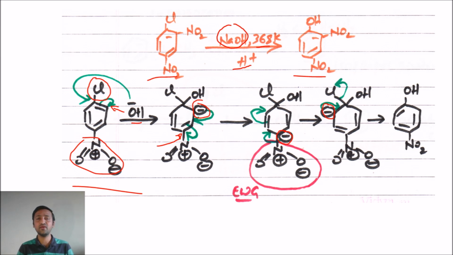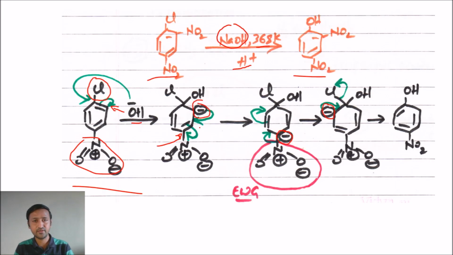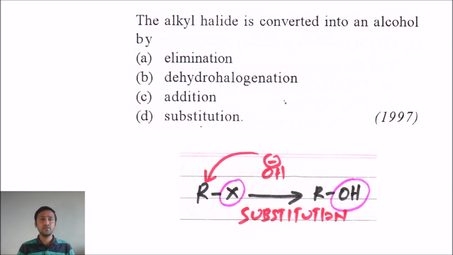So in this way, if you place any electron withdrawing group in ortho and para positions, that increases the reactivity of haloarenes towards nucleophilic substitution reaction. So the right answer here is Option B, NO2 withdraws electron from ortho and para positions. Okay, let us go to the next question now.